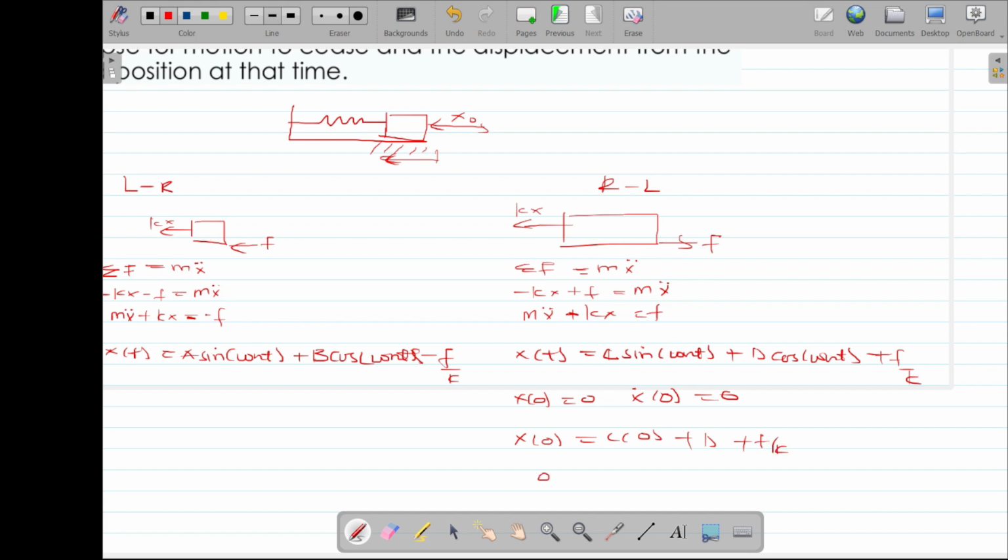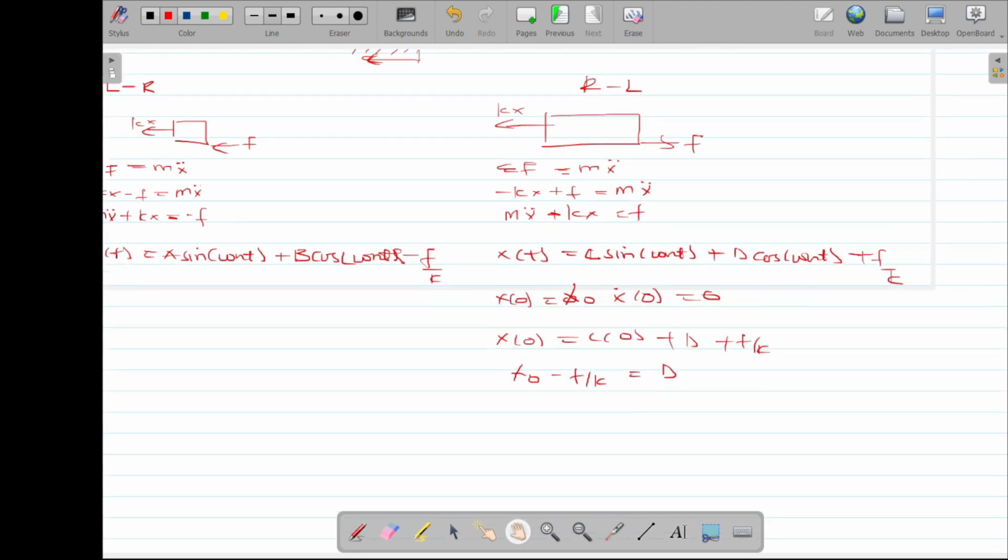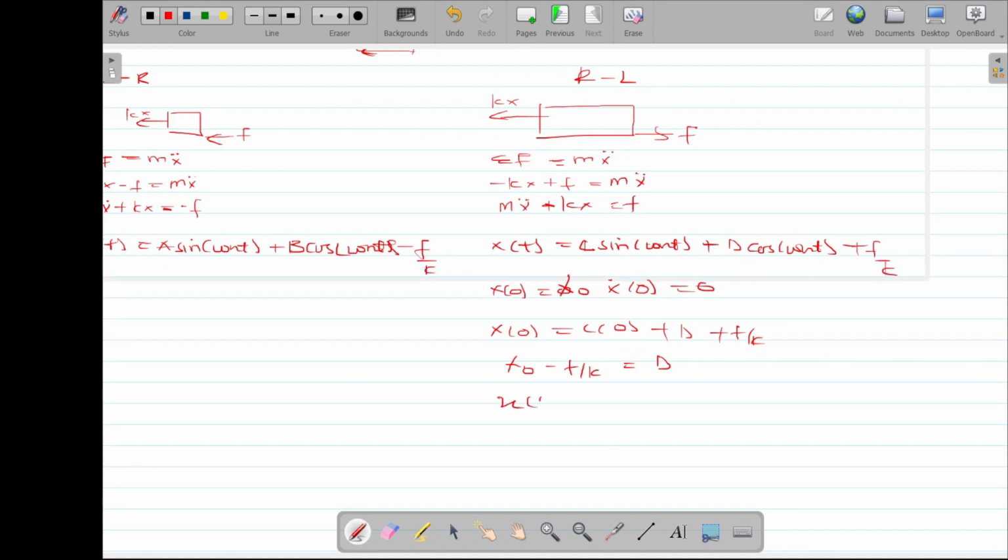So the initial x at time 0 is x naught. So we have x naught minus F on k equal to D. To find C, before we make the substitution, let's find C.